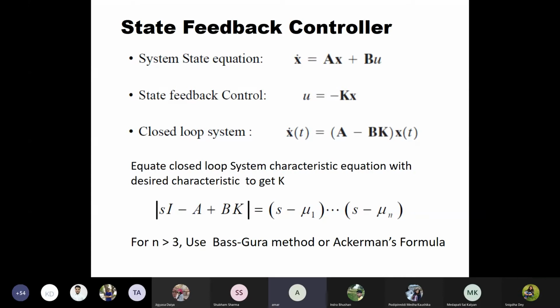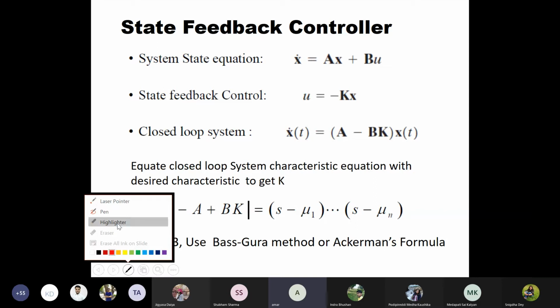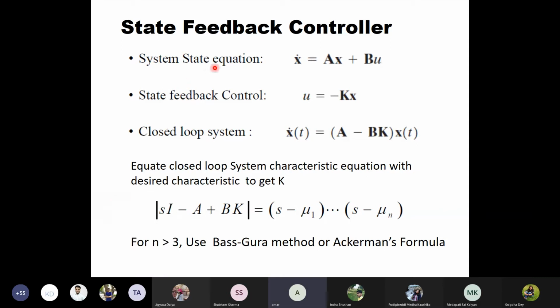Since it's a state feedback controller, to design that we need only the system state equations. And the state feedback control law is pretty simple, which is nothing but u = -Kx, where K is the state feedback controller gain.